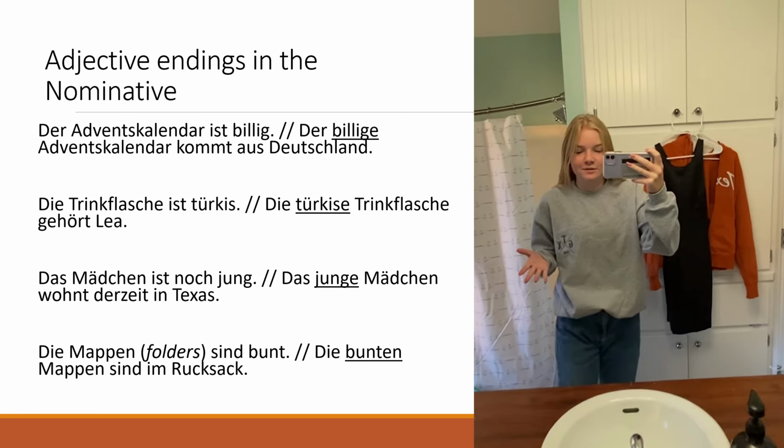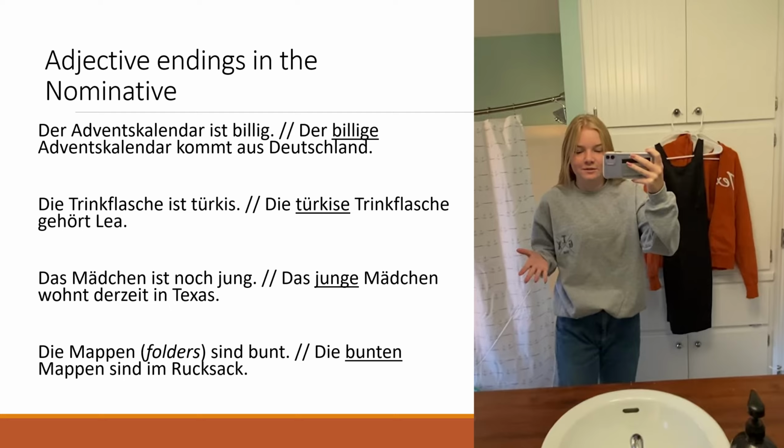Okay, so here we have our friend Leah, and she mentions Adventskalender in her video. And she says that her parents sent her some cheap ones. So here we have, der Adventskalender ist billig, right? And so there we have that adjective in the predicate, ein prädikatives Adjektiv. But in the next sentence, we have it attributed.